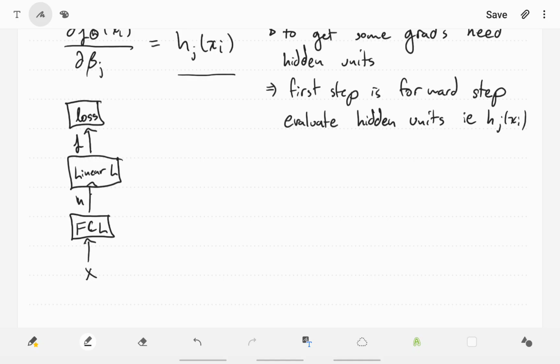So we do this forward pass in our compute graph. We get the fully connected layer, so the h's are calculated, the linear layer, so the f is calculated. That goes into the loss. The losses are calculated. And then from the loss, we can calculate L prime.